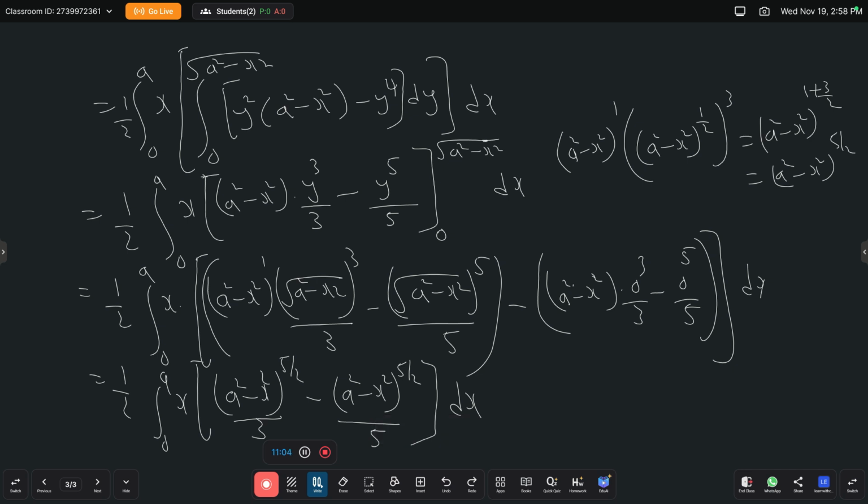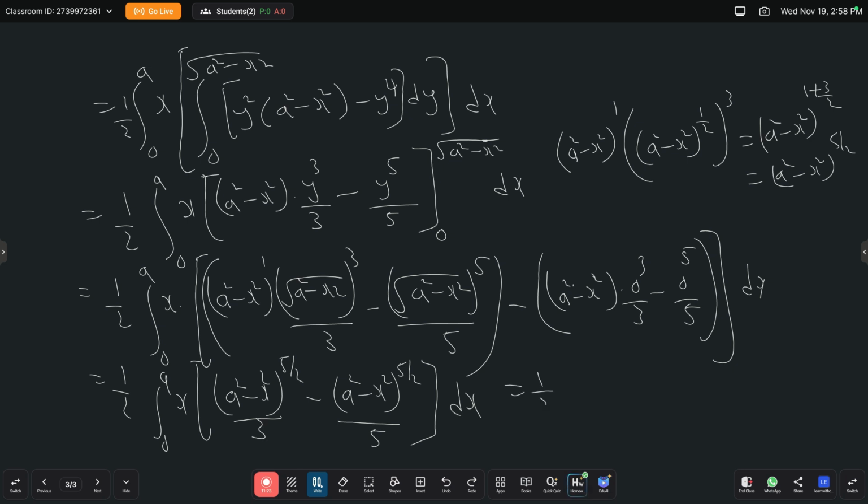So look at the two terms here: a square minus x square power 5 by 2 by 3, minus a square minus x square power 5 by 2 by 5. From these two terms we can take a common a square minus x square power 5 by 2.